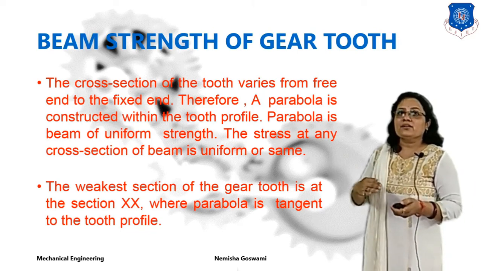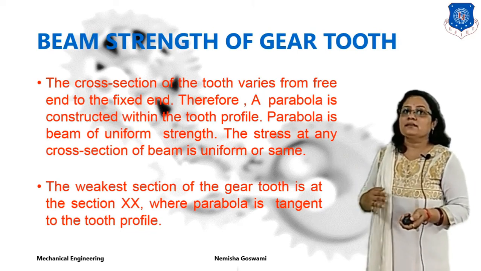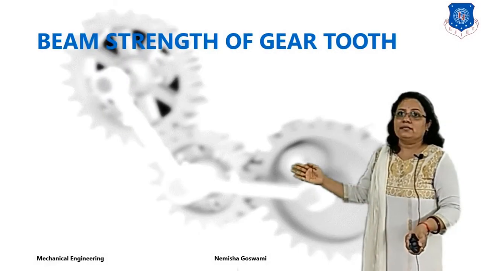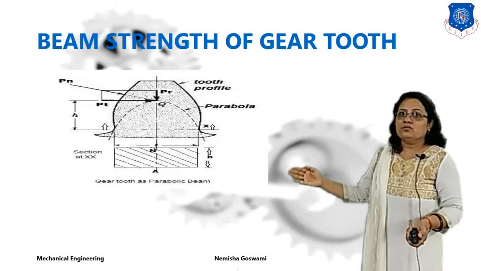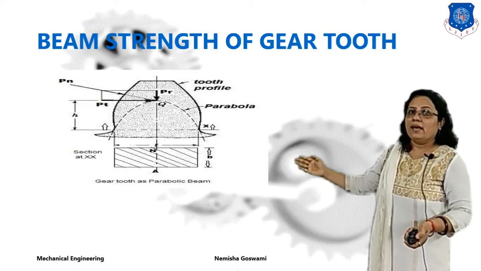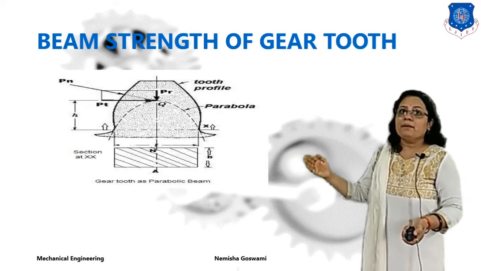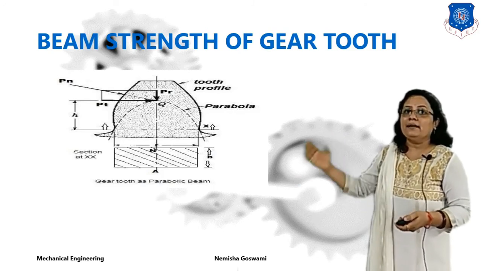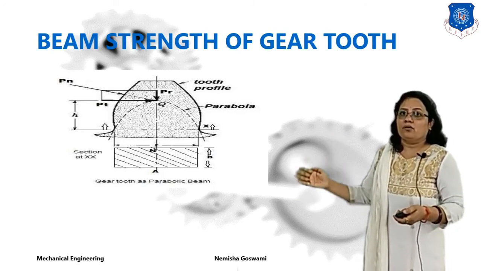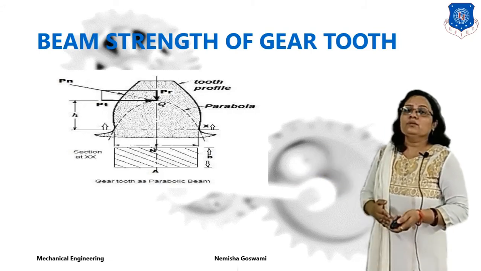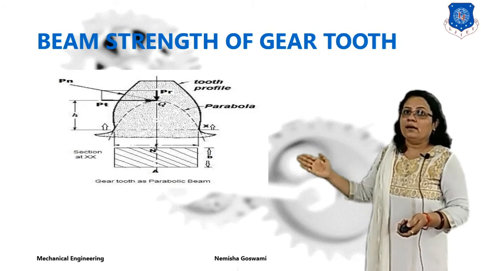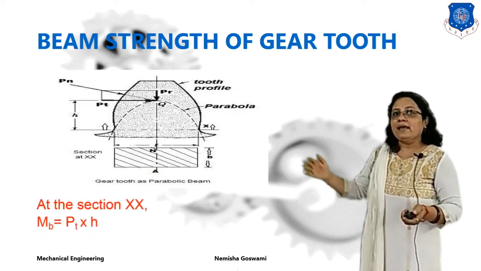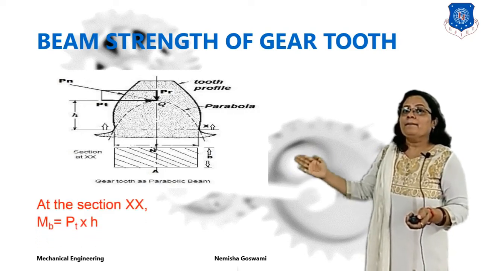The weakest section, where the highest stresses are generated, is section XX, as we have already seen in the figure. This is where the maximum stresses will be generated, so that is the weakest section of the tooth, and we have to design for the weakest section. At section XX, what is the bending moment?